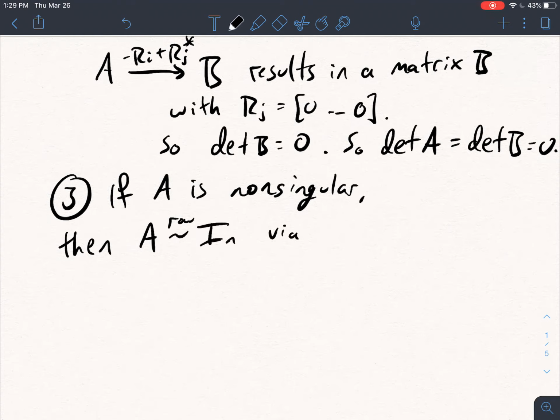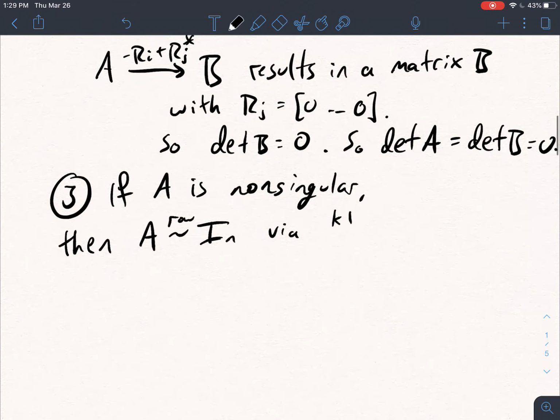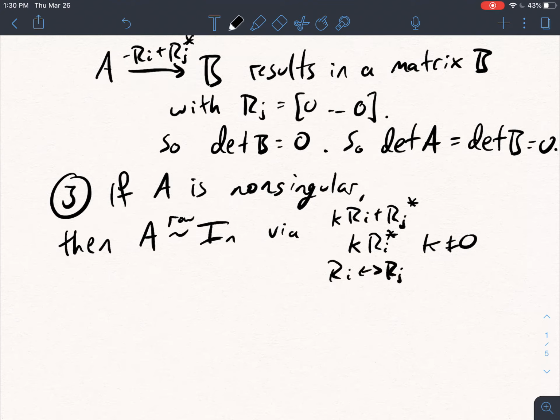And the only row operations that you can do there are adding k times row i to row j and replacing, you can multiply some row by a scalar not equal to 0, and you can swap rows.